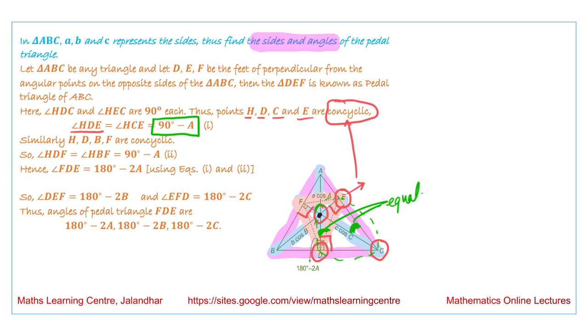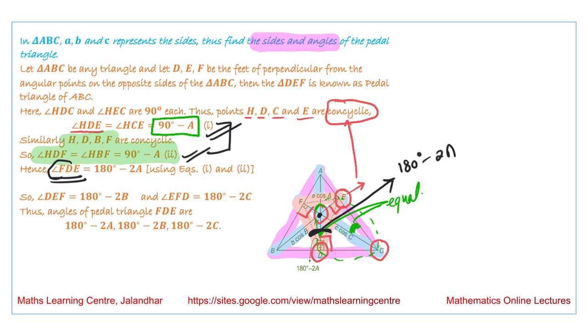Similarly, we have H, D, B, F. These 4 points are concyclic, and angle HDF is equal to angle HBF, which is equal to 90 minus A. So these two angles are equal to 90 minus A. Using these two results, we obtain that the angle FDE, this whole angle, is equal to 180 degrees minus 2A.